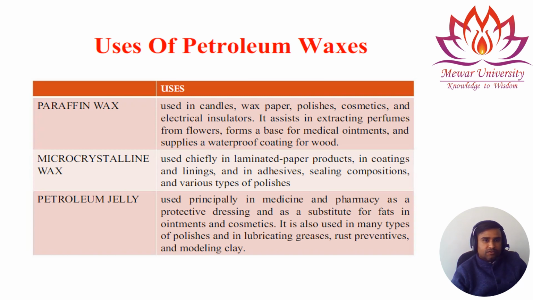Now we will talk about the uses of petroleum waxes. First we will talk about paraffin wax. Where is paraffin wax mainly used? Basically paraffin wax is used in making candles, wax paper, polishes that you use to polish your shoes, and cosmetics like the cream that you apply for beauty.